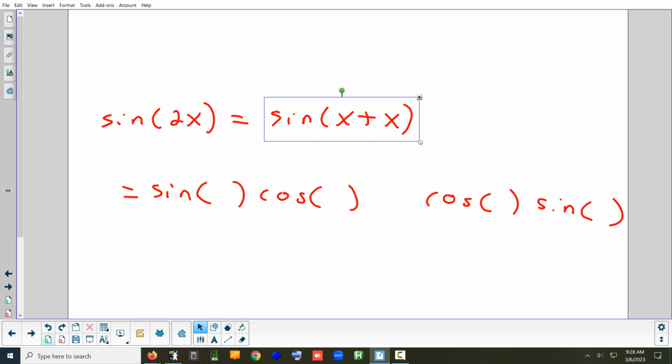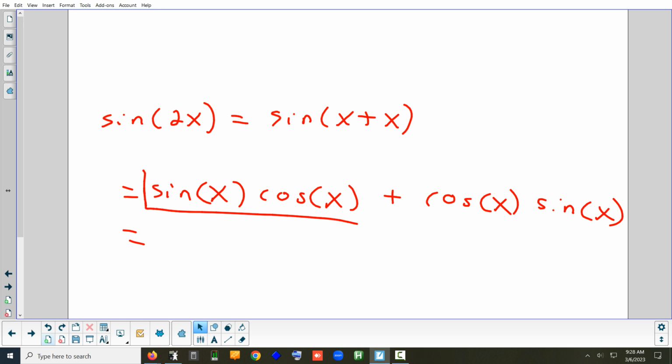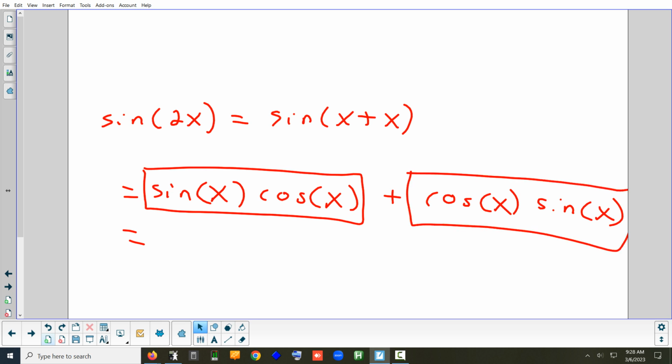When you're doing sine, you keep the symbol the same. When you're doing cosine, you switch it. Okay. Now, first, second, first, second. What's my first? X. What's my second? X. What's my first? X. And my second? X. What's the difference between this and that?